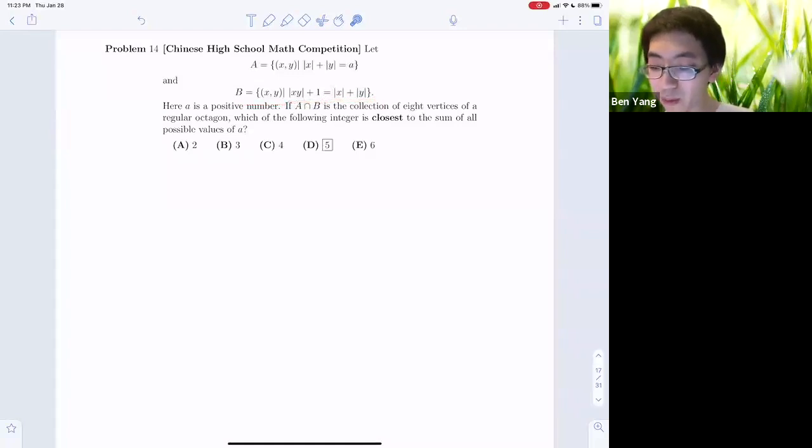So what we want is the intersection of A and B. It should be 8 vertices of a regular octagon. And then we want to find values of A such that this is going to happen.